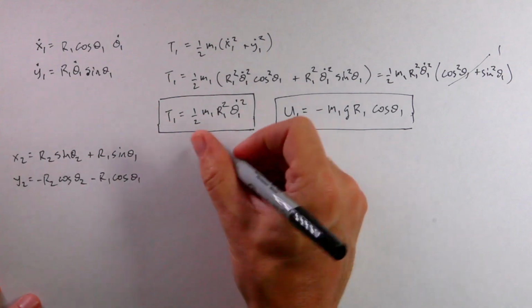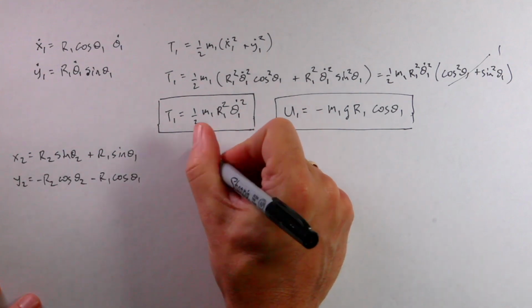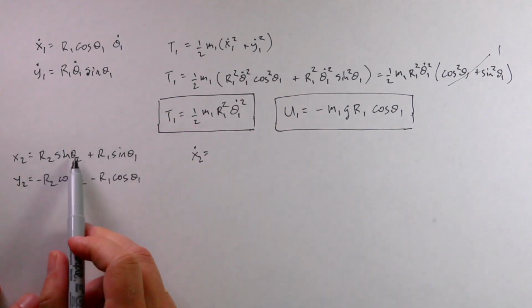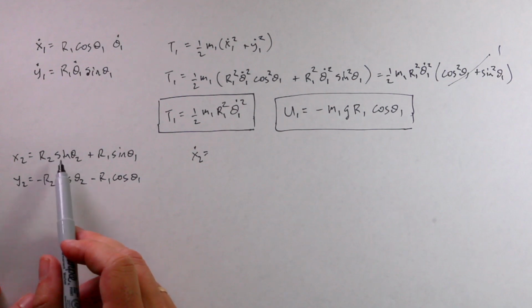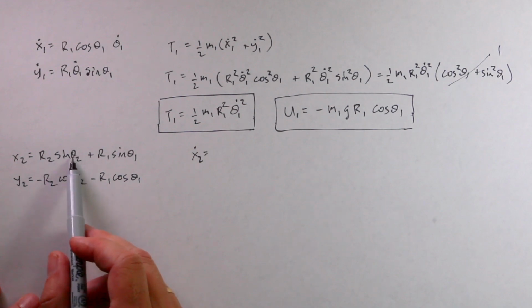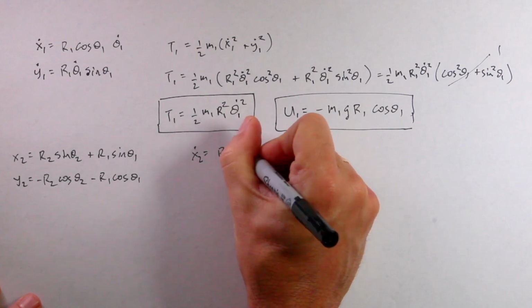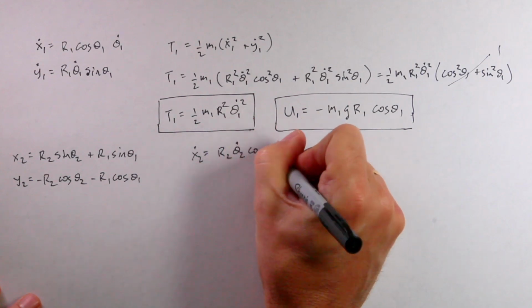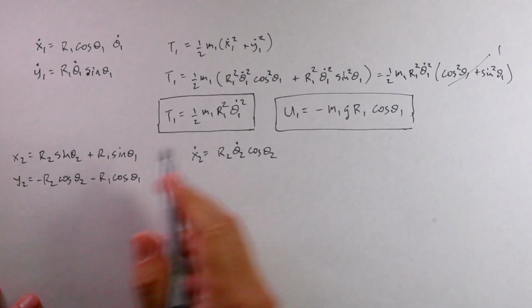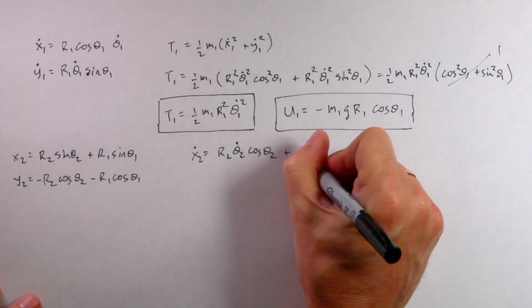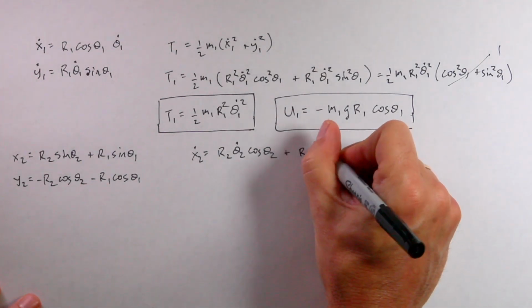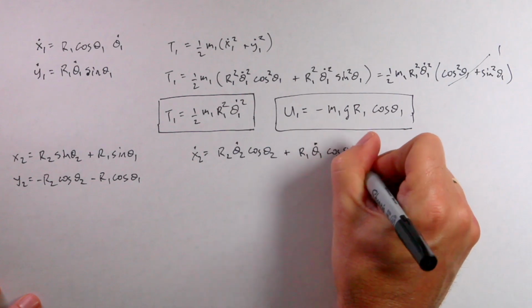So if I'm going to take the derivative of x2, I get x2 dot equals, okay, so here I'm going to get the derivative of sine, which is cosine, and I'm going to have to take the derivative of the inside, which is the derivative of theta 2, theta 2 dot. So I get r2 theta 2 dot cosine theta 2. Now this one, I'm going to get plus r1 theta 1 dot cosine theta 1.